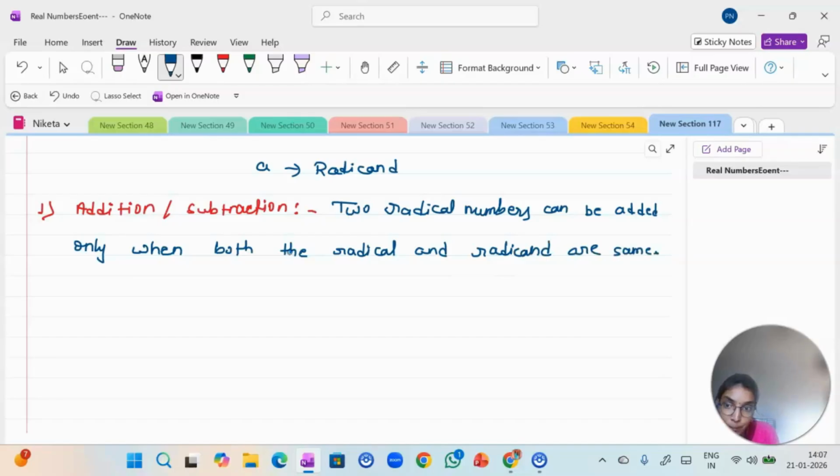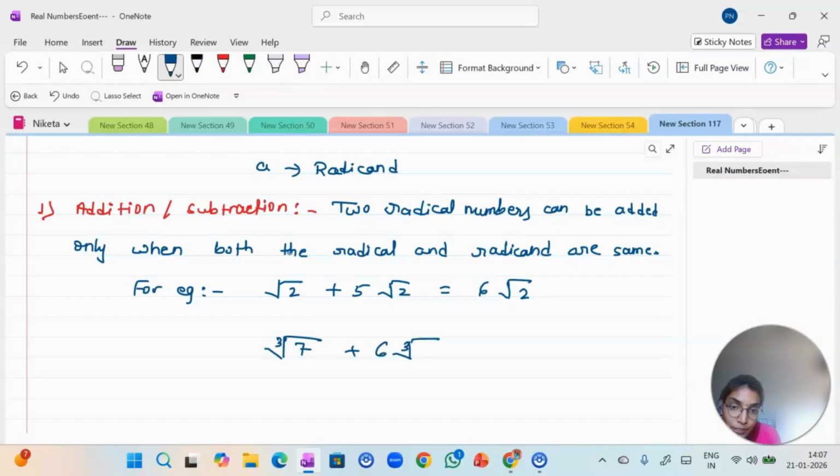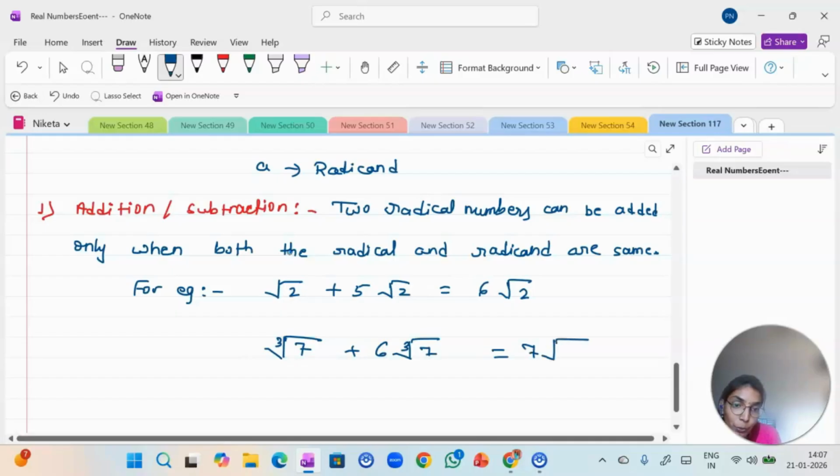For example, if we have to add root 2 plus 5 root 2, you can write it as 6 root 2. Similarly, if you are given cube root of 7 plus 6 times cube root of 7, then you can write it as 7 times cube root of 7.